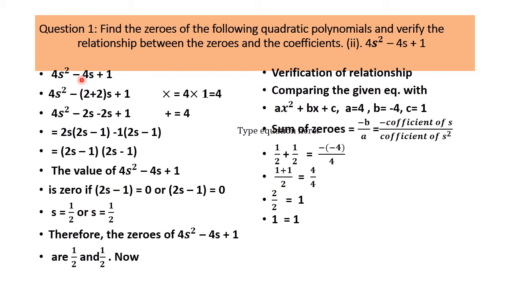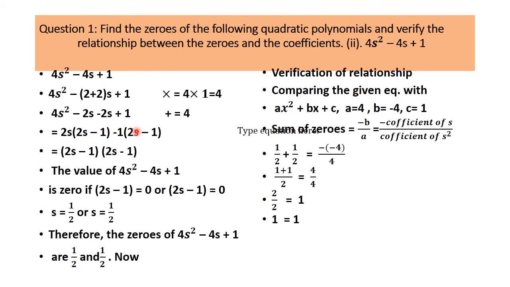So this is minus 2s, when we open the bracket, minus 2s minus 2s plus 1. Now we will take common from these two terms. 2s is common, so here 2s is common. Here we are left with 2s minus 1. This whole term will come out, and here we are left with 1.